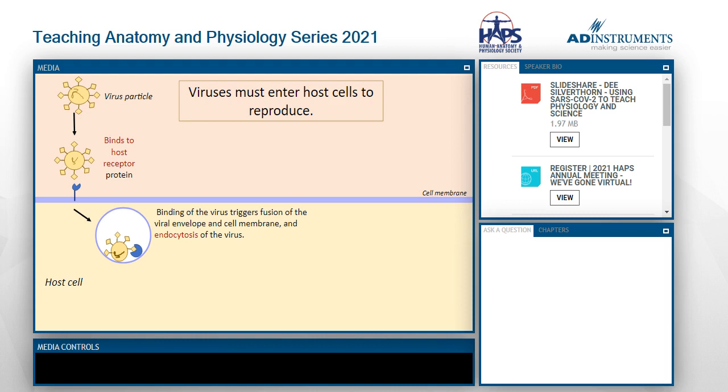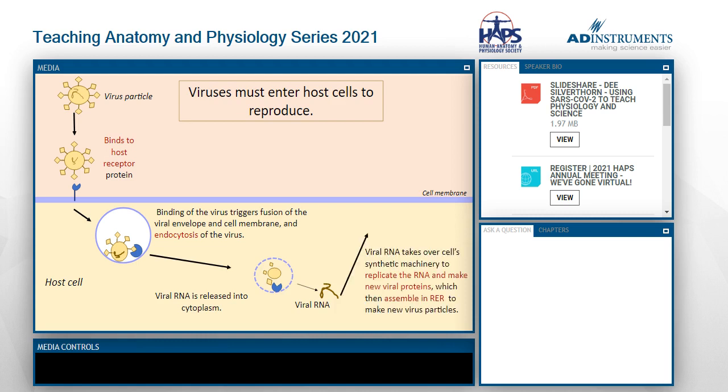And at some point in this process, the viral envelope, the phospholipid bilayer of the envelope, fuses with the phospholipid bilayer of the cell membrane. And when that occurs, then the viral RNA can escape into the cytoplasm. And at that point, the viral RNA takes over the cell's synthetic machinery.